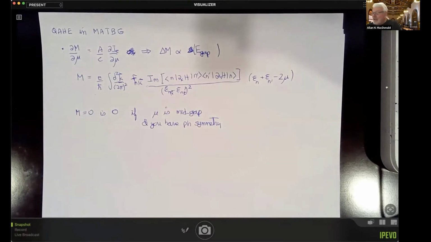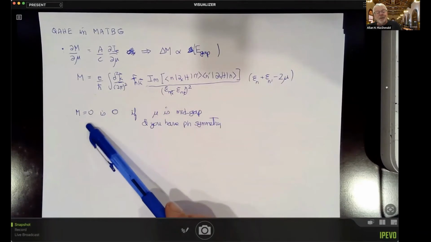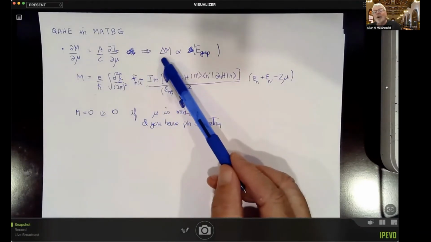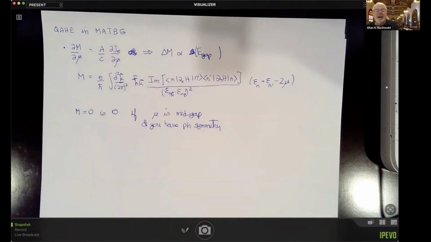So if these two properties are satisfied and M is 0 in the middle of the gap, then definitely when you go from weak N doping to weak P doping, the sign of the magnetization changes.